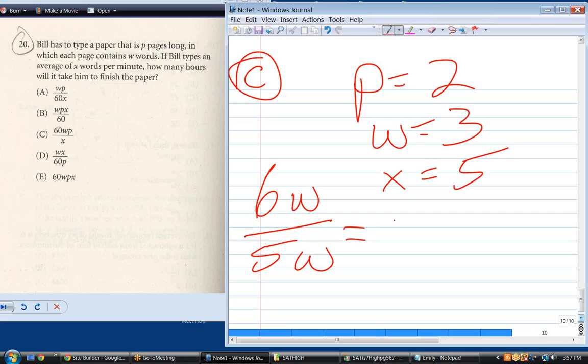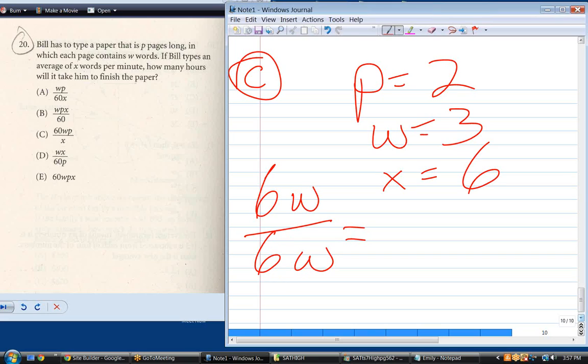Let's change our numbers so that we have easier numbers to work with. Let's make X 6. Now we know that he can type 6 words per minute.